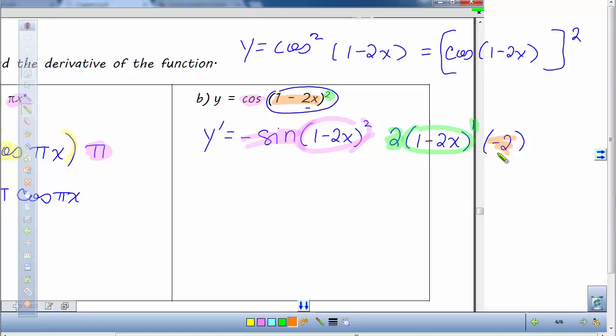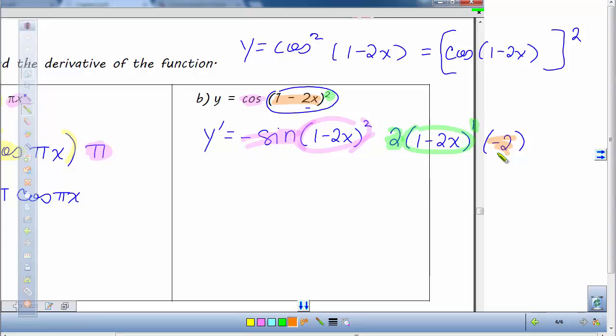Well, we'll never use half of a product rule. The product rule is first times the derivative of the second plus the second times the derivative of the first. I don't know, trig functions are messing with me. I'll figure it out.